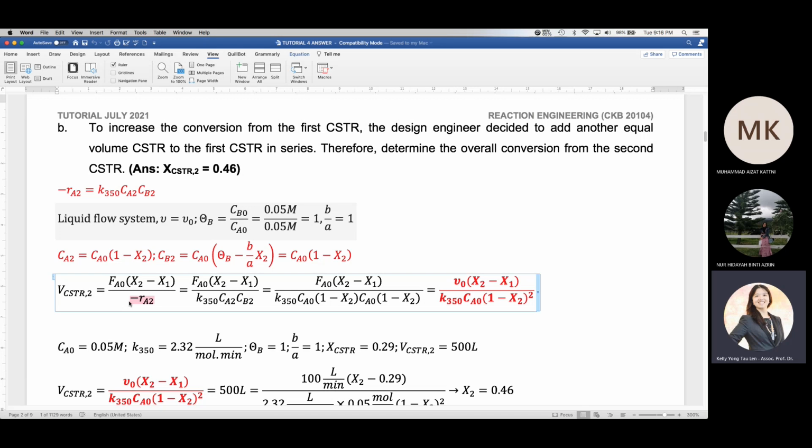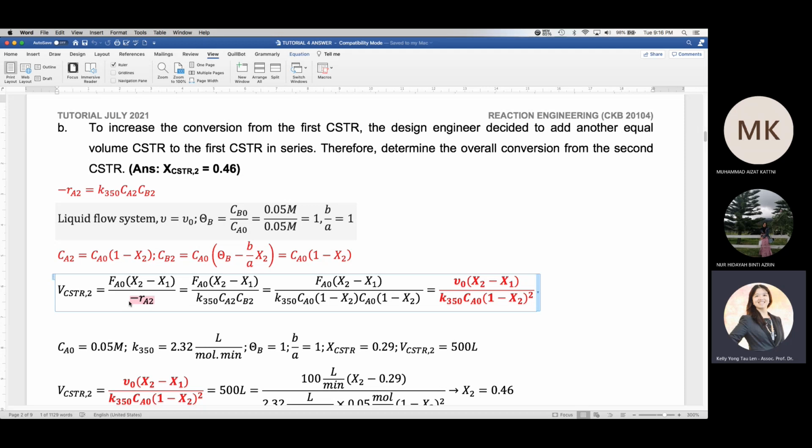Tetapi sekarang dalam contoh ni, we no longer have the table or the plot. Meaning kita tak tahu berapa nilai minus RA tu. So that's the difference chapter 2 dengan chapter 4. Chapter 2, nilai minus RA tu tak payah cari, terus diberi. Chapter 4 kita dah tak ada. And in this example pun sama sebab dia tak beri kita table, dia tak beri kita the plot.